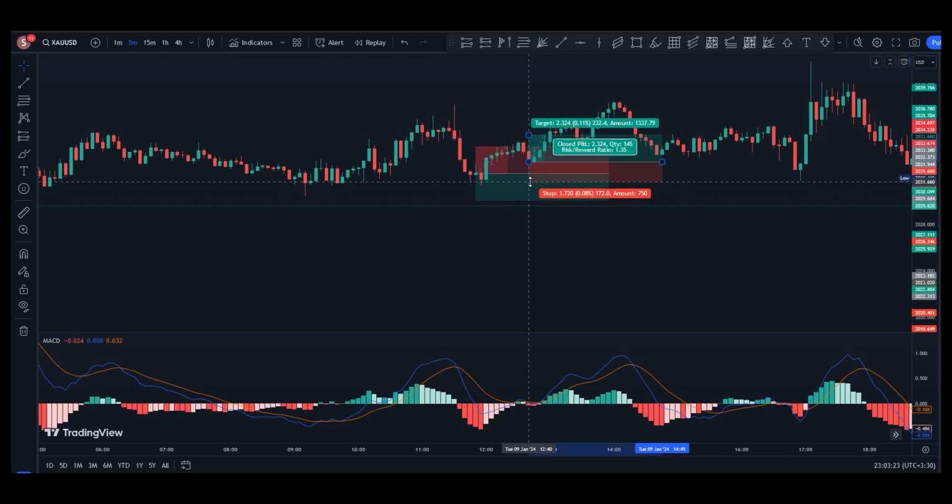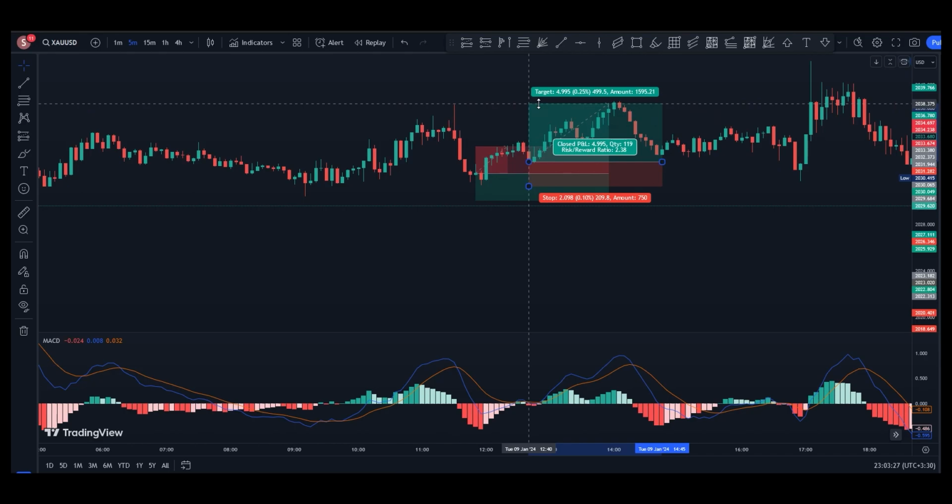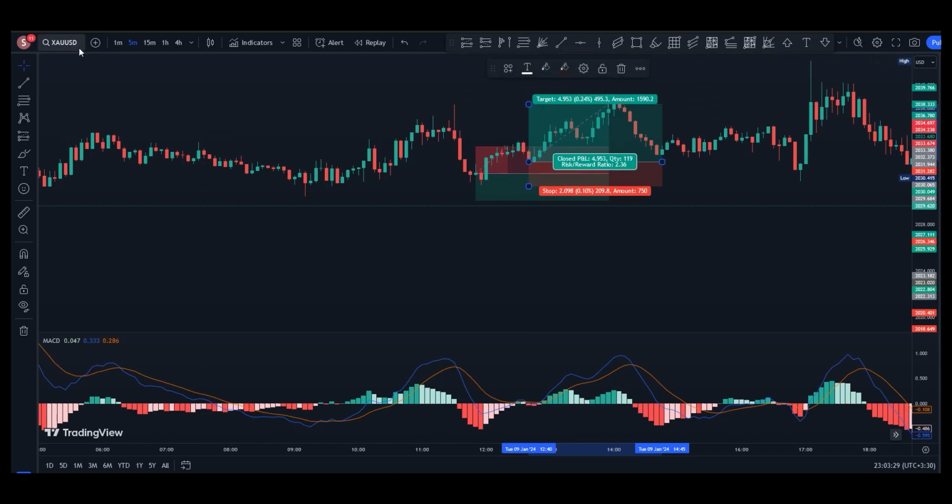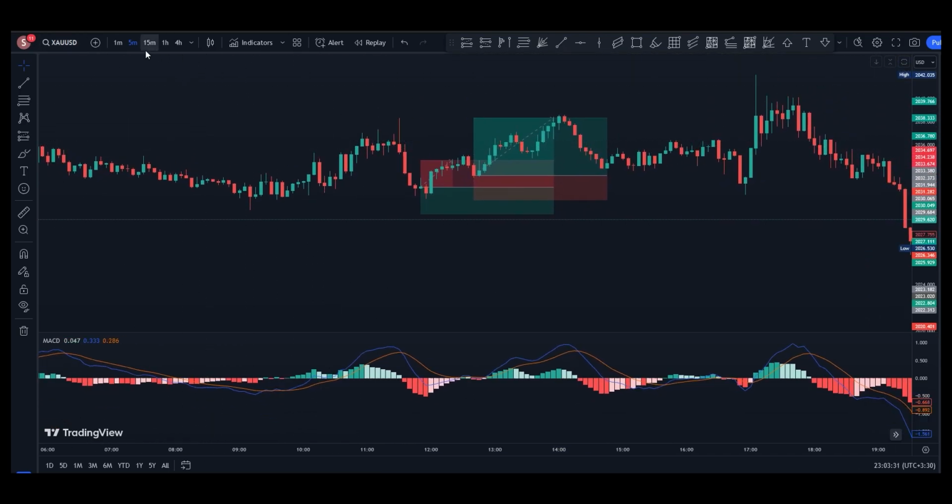I'm doing this trading on gold, on the 5-minute time frame. Well, as you see, it hit the TP.